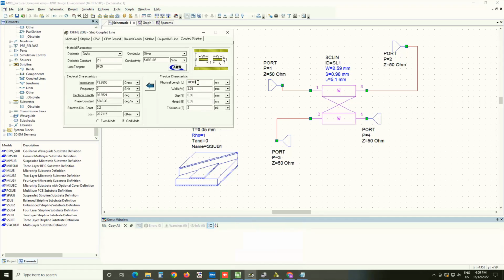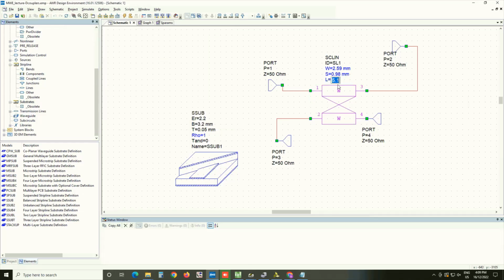It's too much. It's close enough, so 17 millimeters. So I have to enter that here. 17.